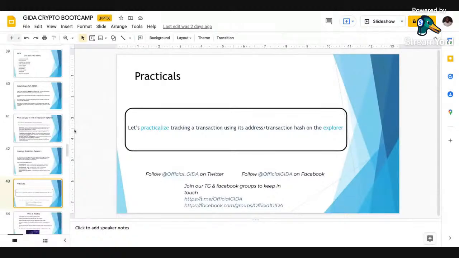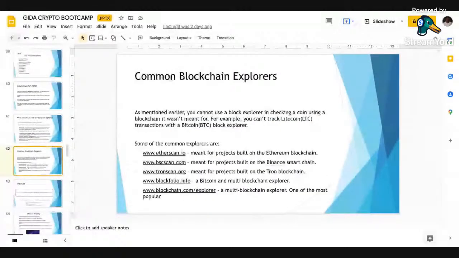Now I'm going to share my screen. We are going to visit this blockchain explorer, blockchain.com, and then we're going to explain what information we are going to see there. So just a minute, and I will visit this blockchain.com site.